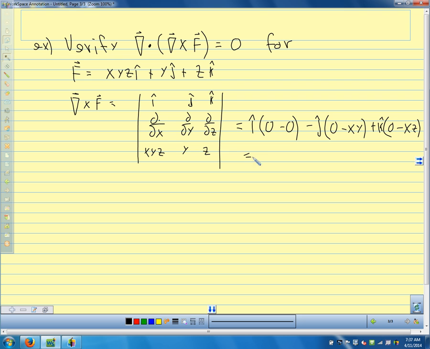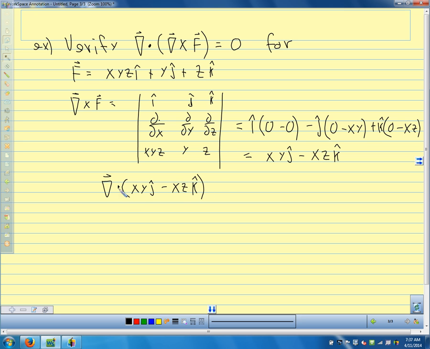So we get xy j hat minus xz k hat. And we want to take the divergence of this, so del dot xy j hat minus xz k hat.